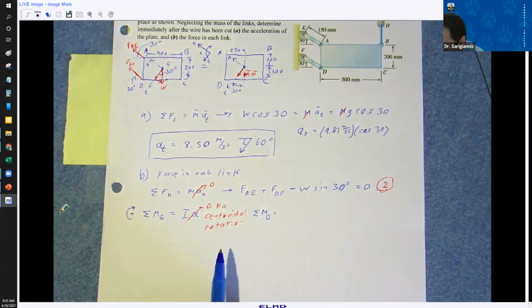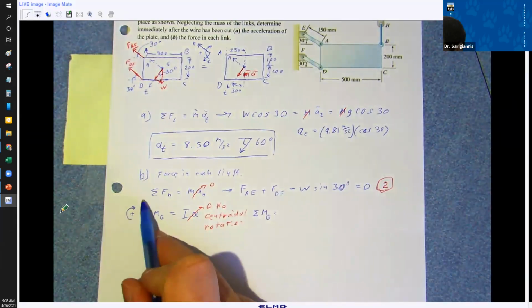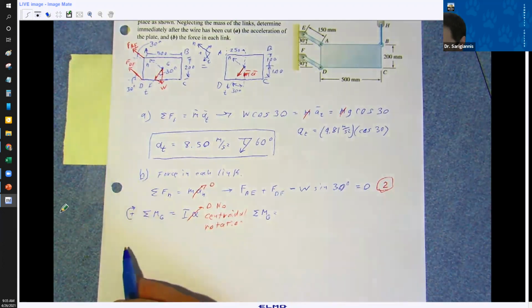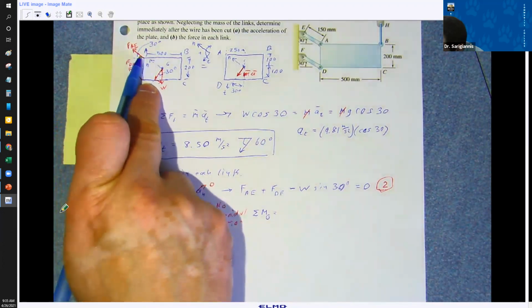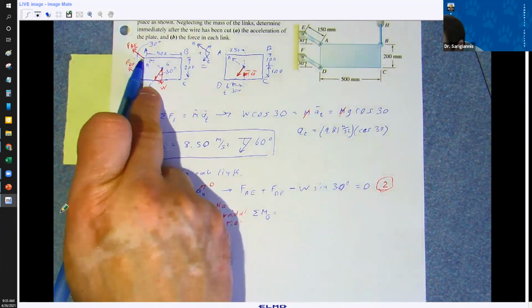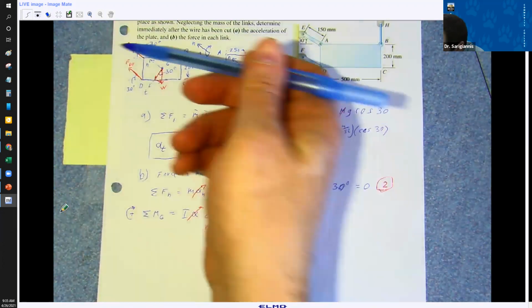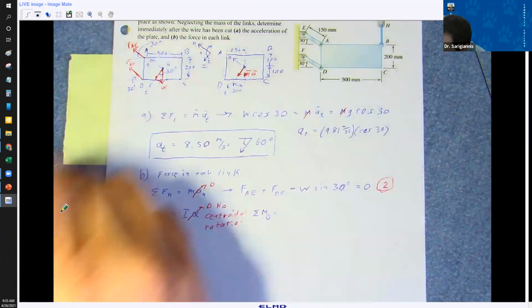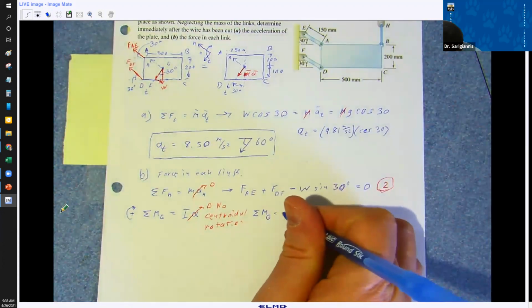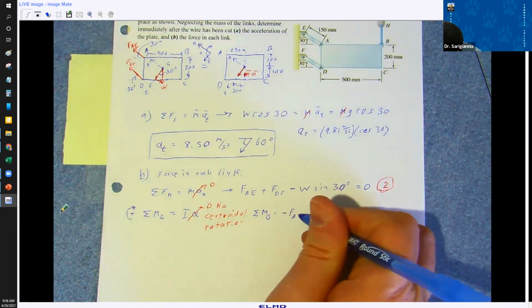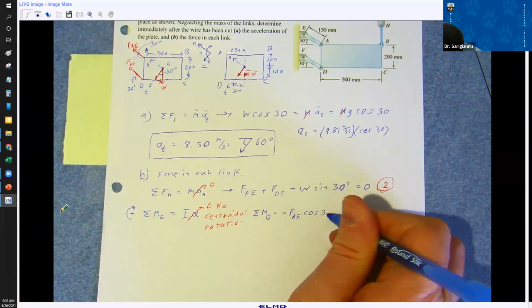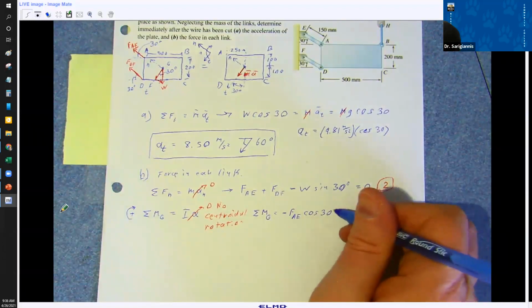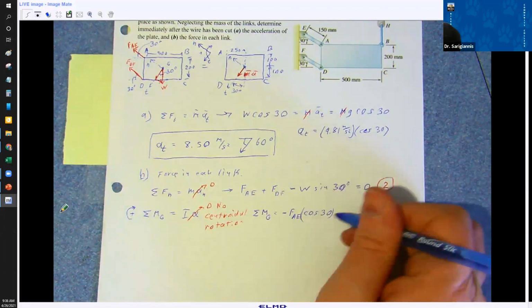So I'm going to write out the sum of the moments, and I'm using this clockwise direction as positive in this scenario. So we've got FAE cosine 30 gives us this component, right? And that's going to be directed this way about G, perpendicular distance of 100. So let's write negative FAE cosine 30 times 100.